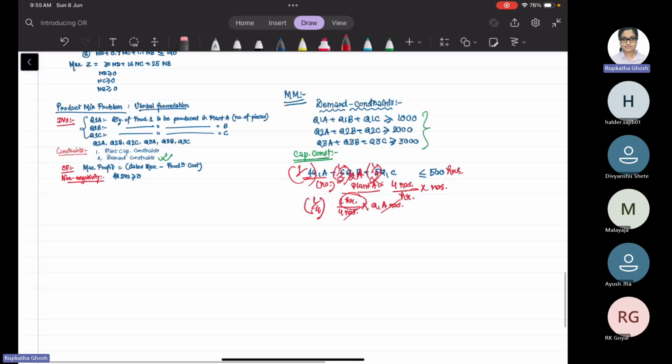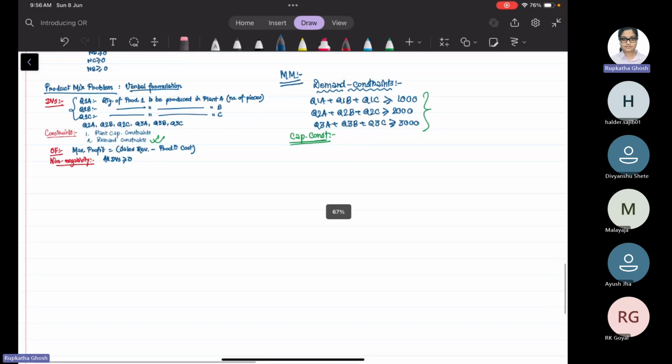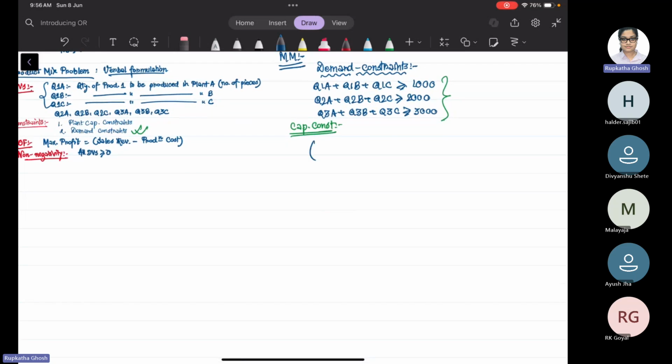Yes, absolutely. Thank you so much for pointing that out. So I'll write the corrected version. It should be 1 by 4 Q1A plus 1 by 3 Q2A plus 1 by 2 Q3A less than or equal to 500. Is that clear?